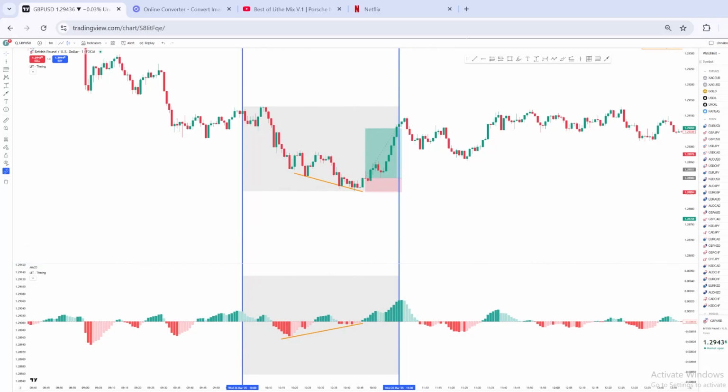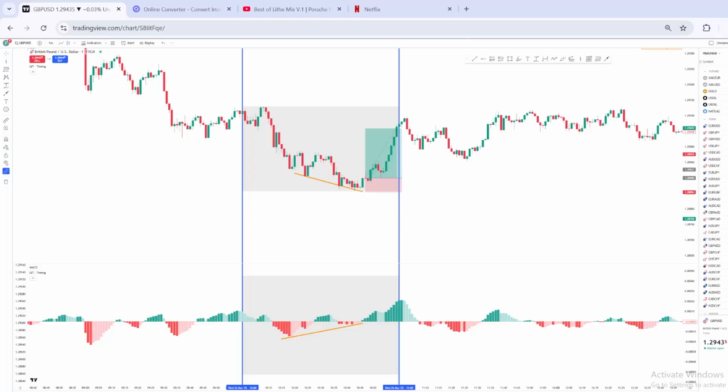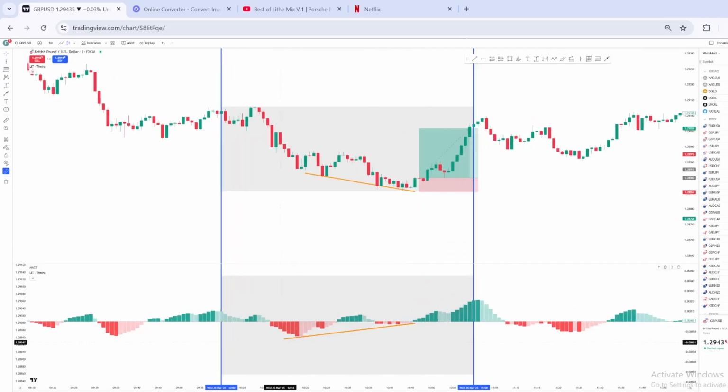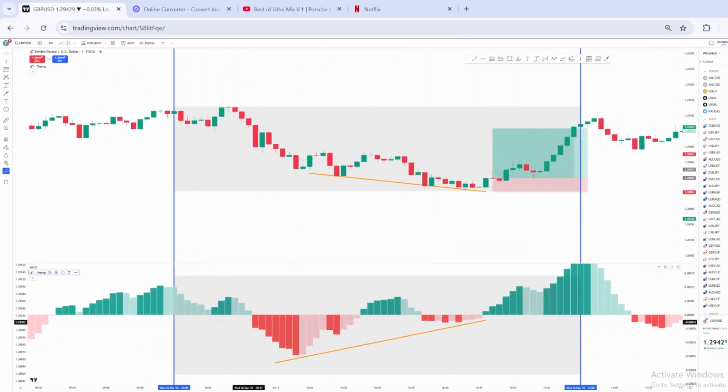so the first rule was, histogram mountain has to have at least 3 bars for it to be a valid one. Okay, so 3 bars. So this one has 1 2 3 4 5 6 7 8 9 10 11 12 13 14 15 16 bars.